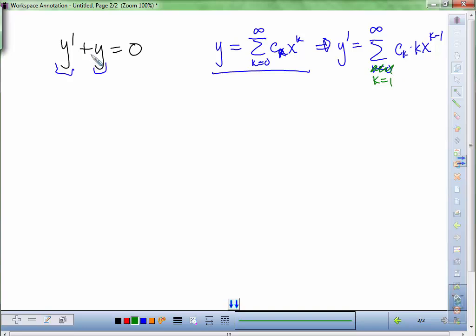So if we just plug it into this equation, we will get the sum of k goes from 1 to infinity of c_k k x to the k minus 1, plus y, which is just the original series, the sum of k goes from 0 to infinity of c_k x to the k, and then this is going to equal 0.